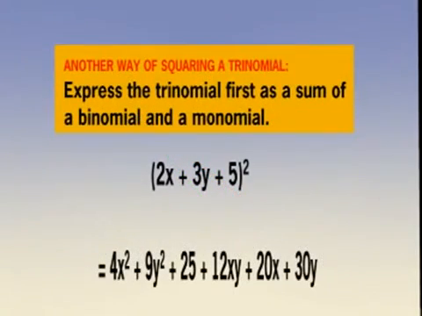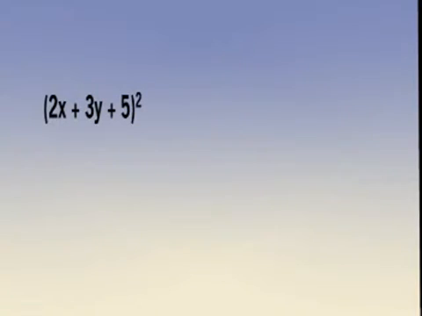We can also square a trinomial by expressing it first as the sum of a binomial and a monomial. 2x plus 3y plus 5 is equal to the quantity 2x plus 3y, plus 5.